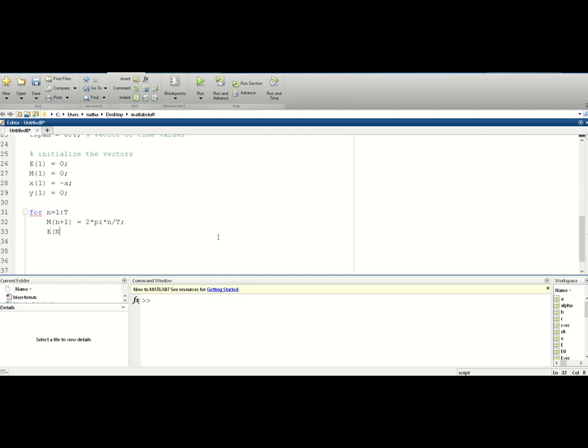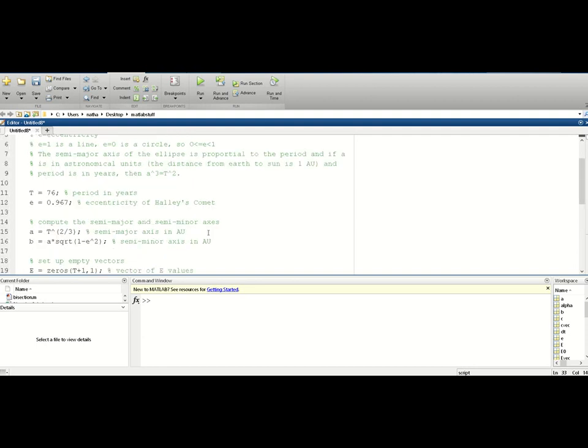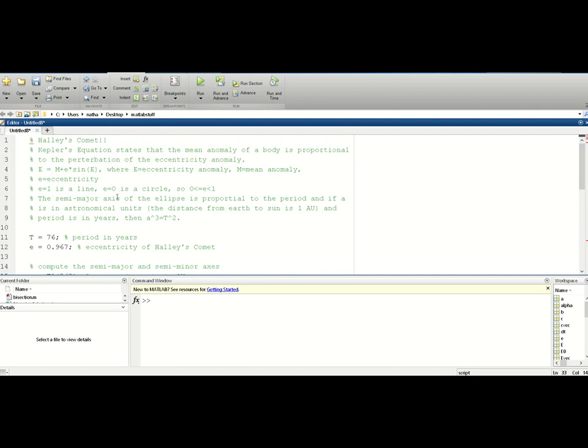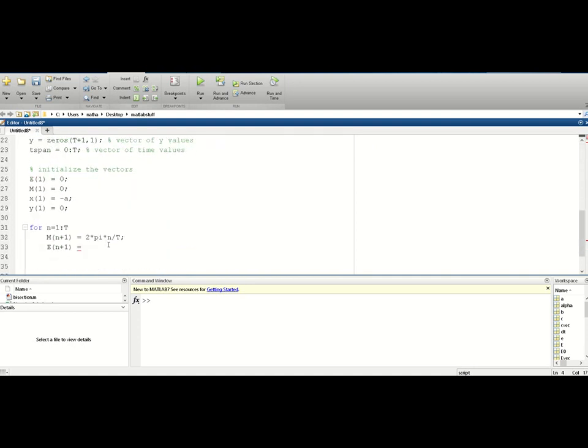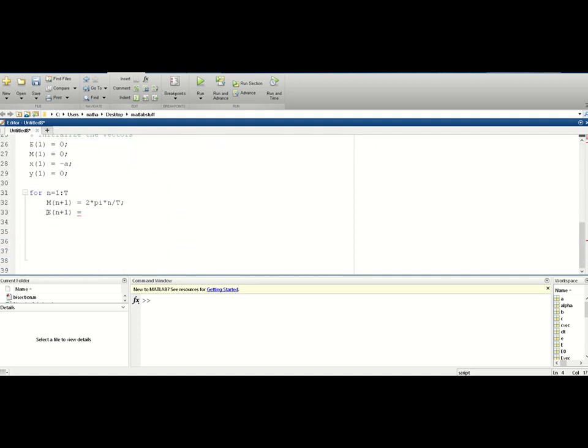E of n plus 1 is going to be, okay, this is that formula up here, and we're going to use this as an Euler's formula that allows us to plug in. So let's actually just take that, and that's what we're going to use here.